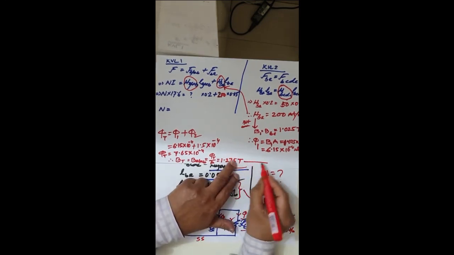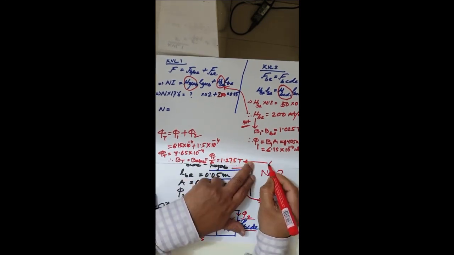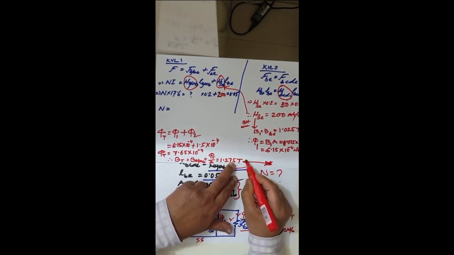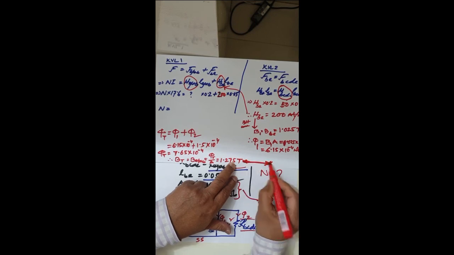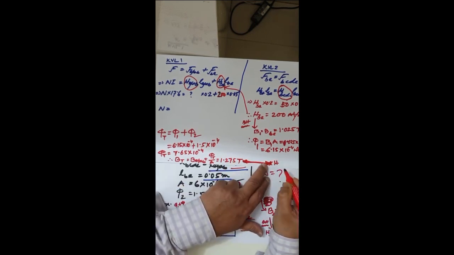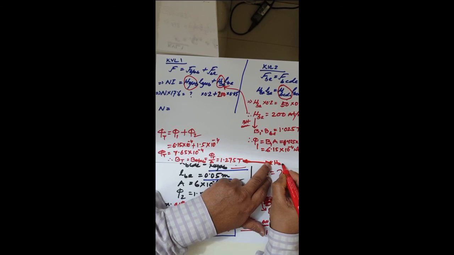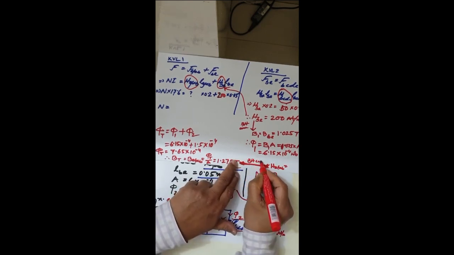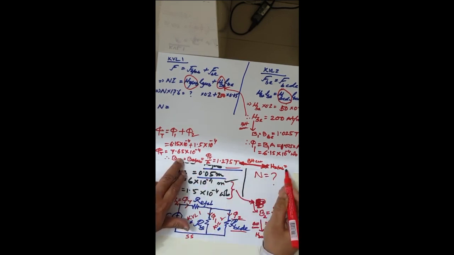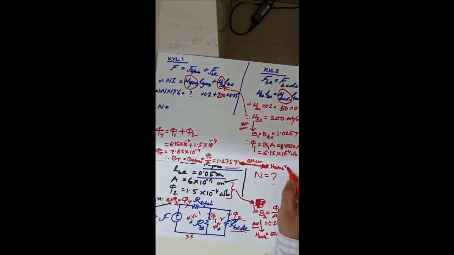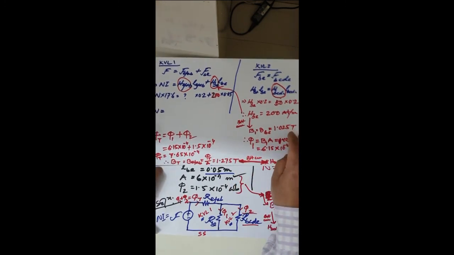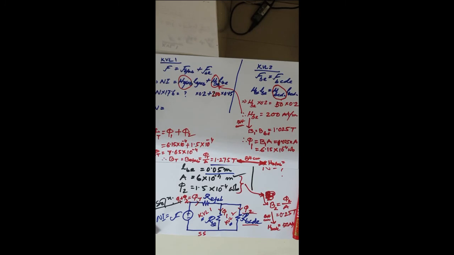This is what you finally get for BT, and that gives you the value of HEFAB through the BH curve again, because B will give you H.